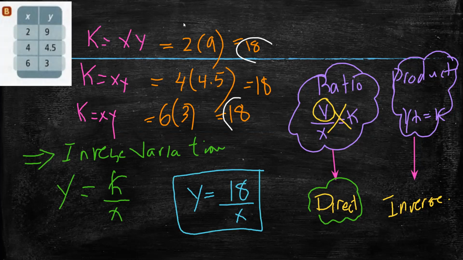Is it clear? Yes, teacher. Teacher, what are the formulas for the inverse variation and the direct? Now, for the direct, y is k times x. For the inverse, y equals k over x.